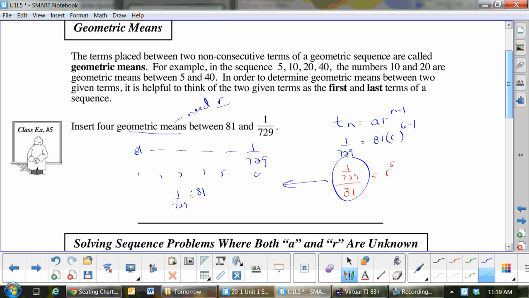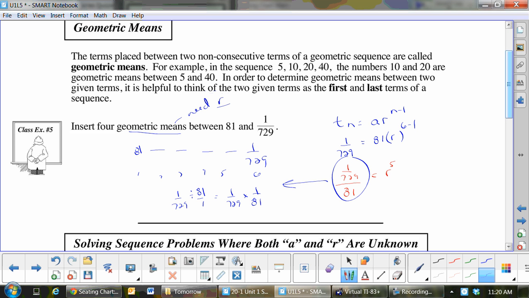Now, 1 over 729 divided by 81 is the same thing as 1 over 729 times 1 over 81.